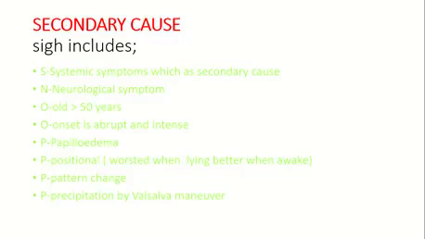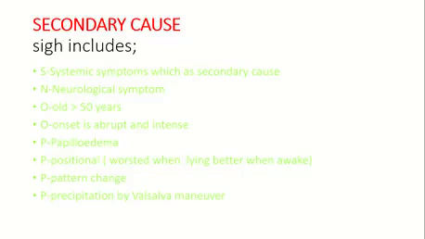Another P is pattern change. The way it presents changes: today it will be a little bit better, tomorrow it's worse. And another P means precipitation by Valsalva maneuver. So those are the red signs of this kind of headache.